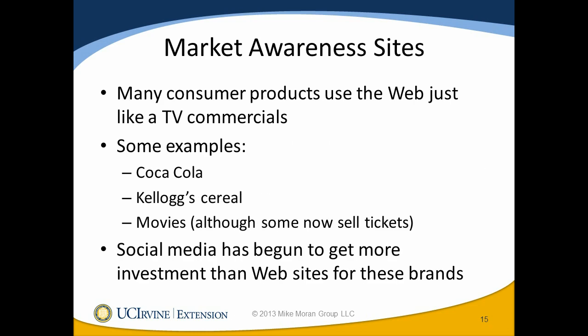So let's look at another kind of site where your customer gets off the website even earlier in the process, a market awareness site. Now, a lot of consumer products use the web just like they use TV commercials. So if you're Coca-Cola or Kellogg's cereal, you definitely are using the web for brand awareness.